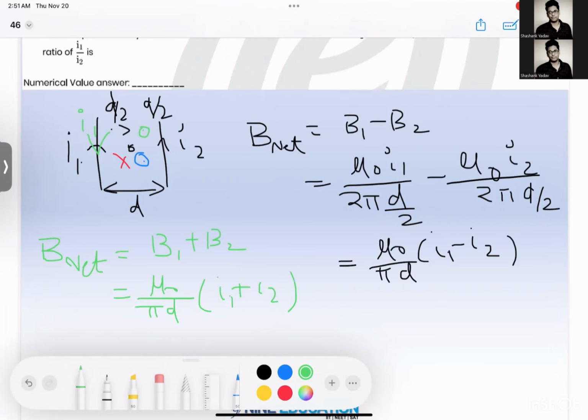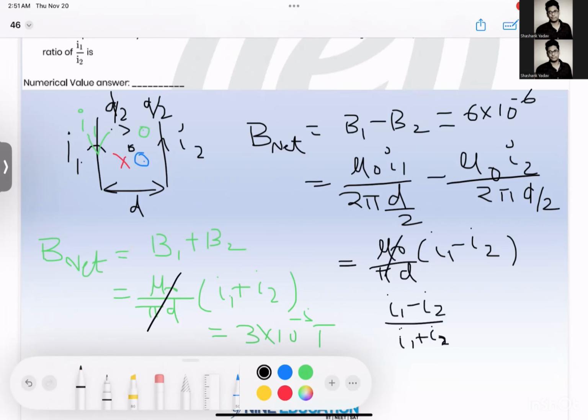We have the values of this B naught and this B naught. This is given as 6 into 10 power minus 6 Tesla, and this is given as 3 into 10 power minus 5 Tesla. If we divide these two expressions, mu naught by pi d will get cancelled. We will get I1 minus I2 by I1 plus I2 is going to be 6 by 30, that is, this is minus 5.